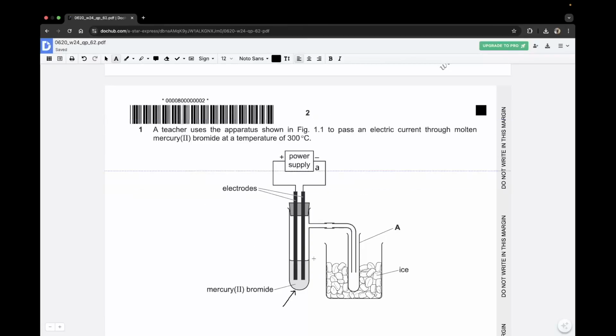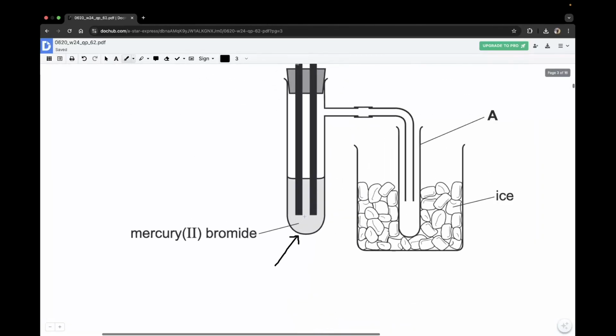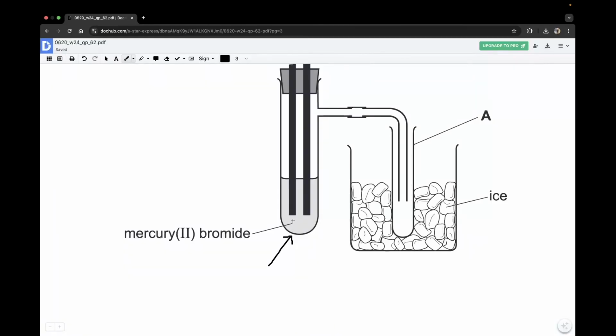Since bromine is a gas, it would escape out into boiling tube A. So mercury needs to be down here in this test tube. It doesn't matter under which electrode you draw it. You just need to draw an X over here in the left hand test tube.